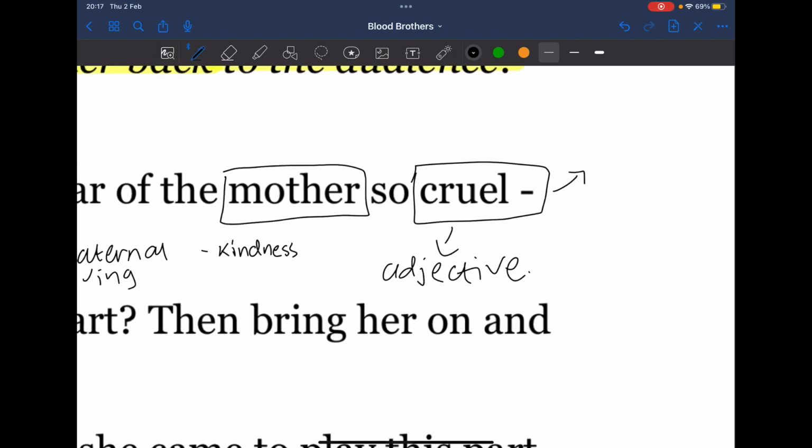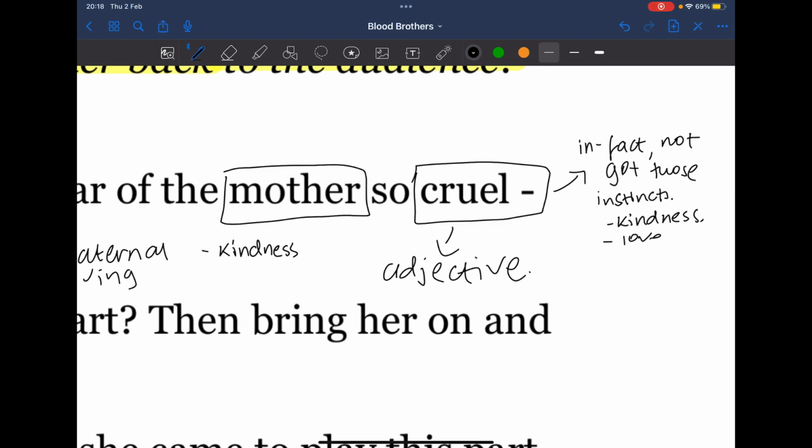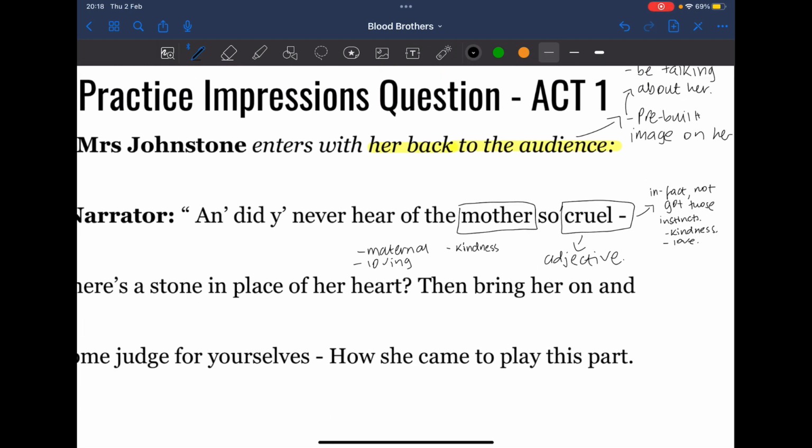So although it's describing her as a mother, it's telling us that she's, in fact, not got those motherly, maternal instincts from the beginning. And I'm just going to list a few examples. And it's really important that we bring out that the writer is using an adjective, because that's where the marks come from. The exam board want to be able to see that you're able to pick out specific words and identify them as a specific type of word.